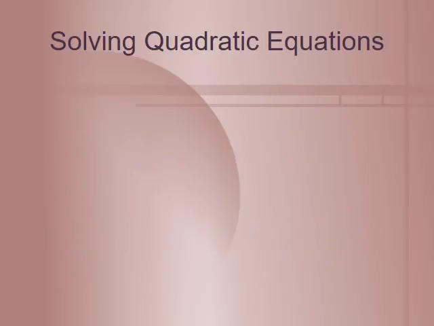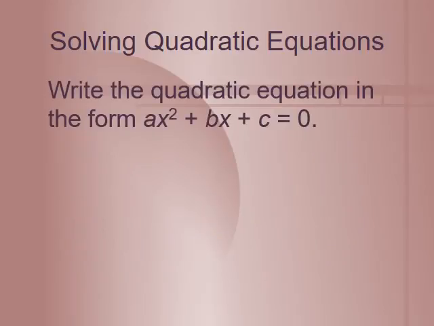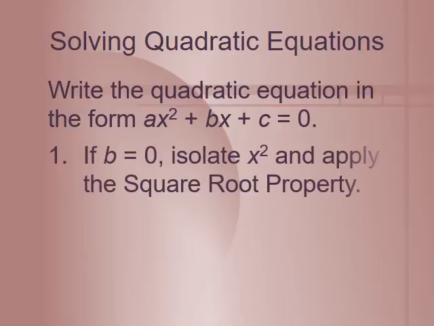Okay, when we're trying to solve quadratic equations, the first thing we want to do is write it in the form of ax squared plus bx plus c. If b equals 0, like we had some problems in 12.5, we're going to actually isolate the x squared and apply the square root property.